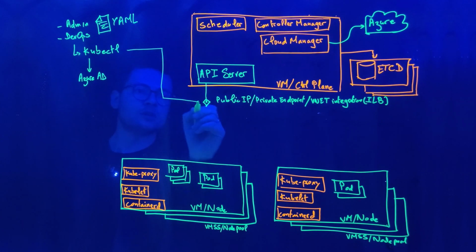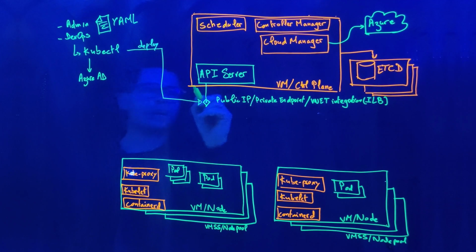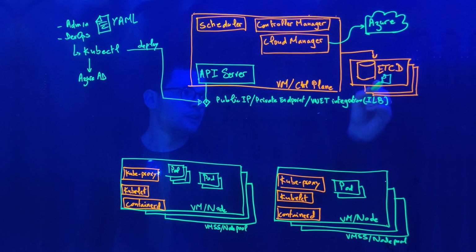So this request will go up to here in order to deploy applications into my cluster. Then the API server will read that request and persist that YAML inside the etcd right here, and then the controller manager and the scheduler will schedule that deployment into the worker nodes.